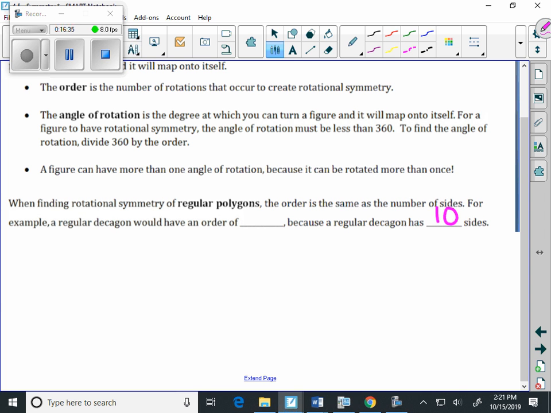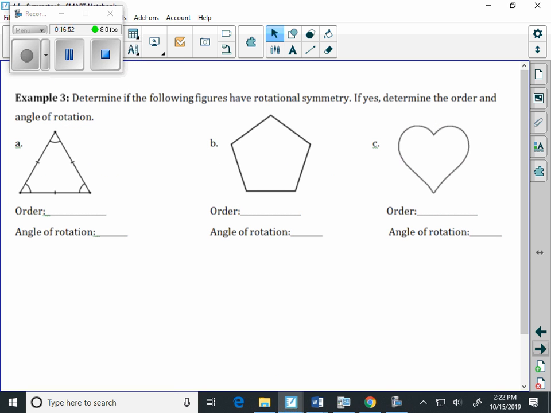A regular decagon will have an order of 10 because it has 10 sides. But again, the words probably don't make as much sense until we see an example here. It says, determine if the following figures have rotational symmetry. If yes, determine the order and the angle of rotation.